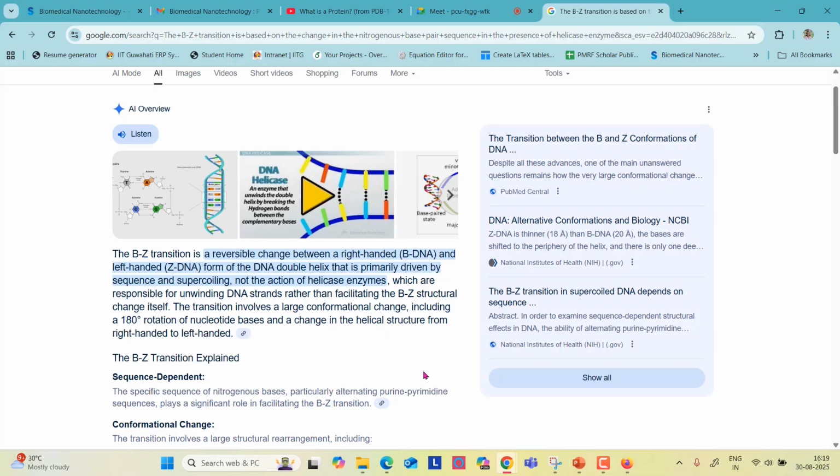So actually, I will look into it and maybe tell you in the next class, because I don't know much about helicase, so I am not able to answer the question rightly. From what is written, helicase is required for breaking the hydrogen bonds or shifting the base pair, so that is why I thought it is maybe right.